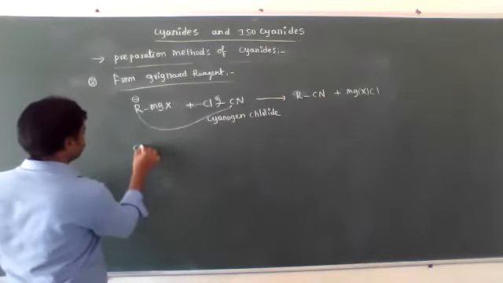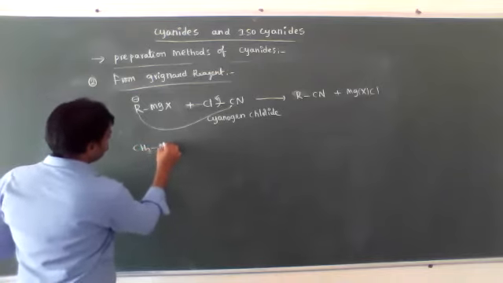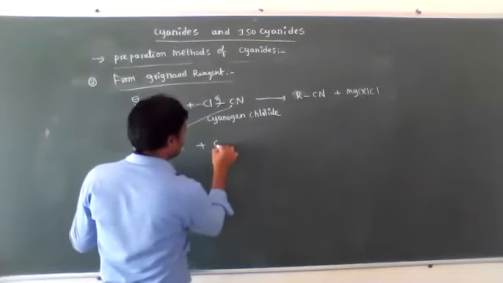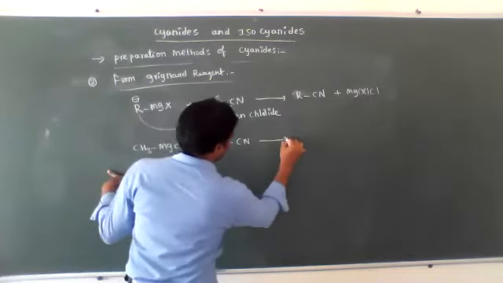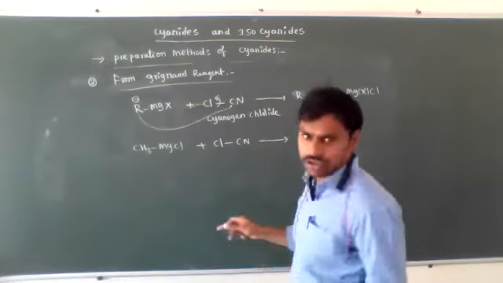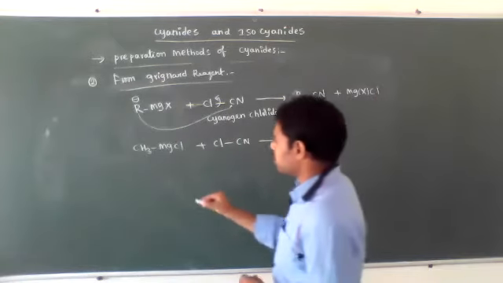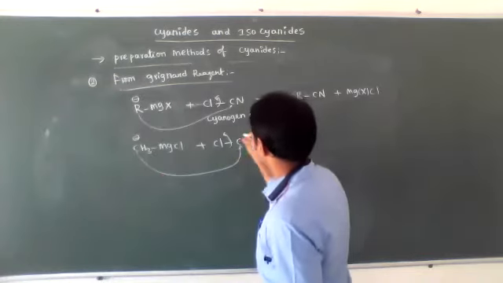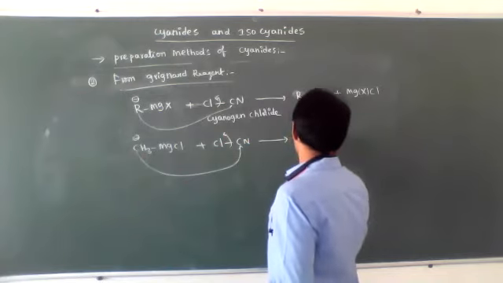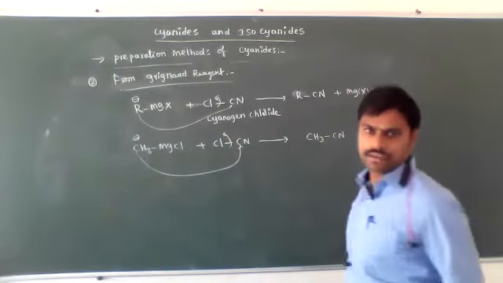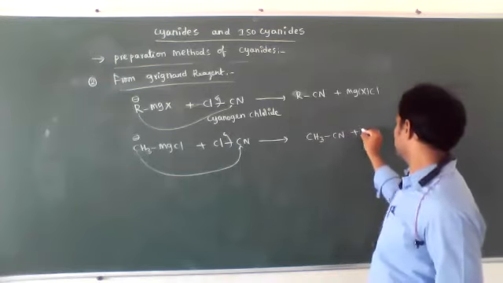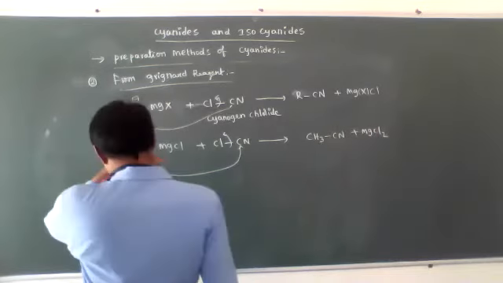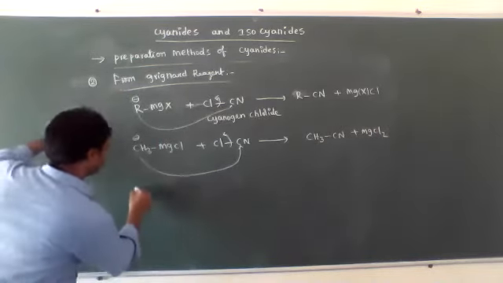One example, CH3MgCl, methyl magnesium chloride, reacts with cyanogen chloride. Undergoes nucleophilic substitution reaction because CH3 minus is the nucleophile. Then we are getting CH3CN plus MgCl2 as the byproduct.